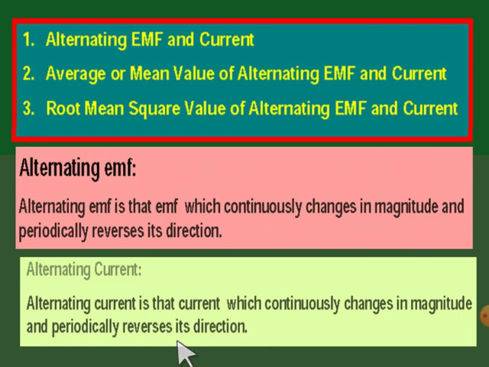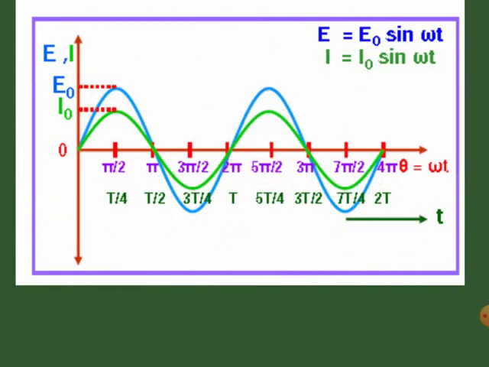Now how can we represent this alternating EMF or alternating current? As per the definition, its magnitude continuously changes and it reverses its direction periodically. That means after a definite interval of time, the direction of the EMF or the AC current has to reverse.